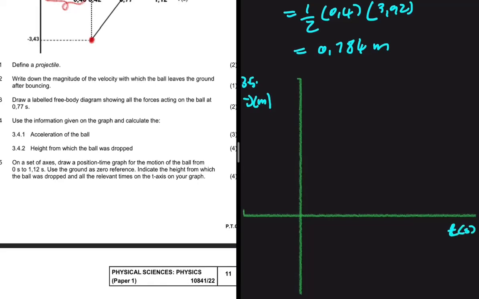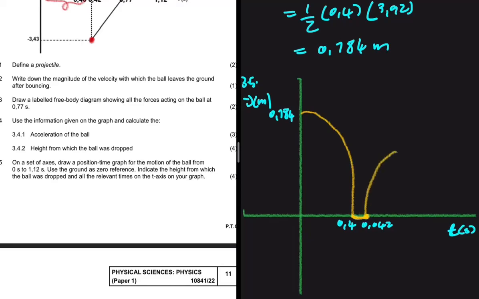So our maximum height where our ball was dropped is 0.784, and we strike the ground after 0.4 seconds. We're in contact with the ground for 0.02, so we leave the ground at 0.042 seconds. So let's just plot that first before we carry on. If we connect those two, we should have something like this. And then our ball will leave the ground.